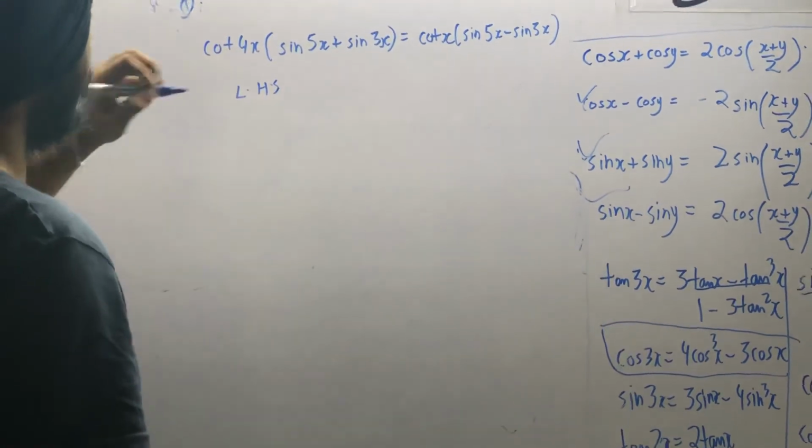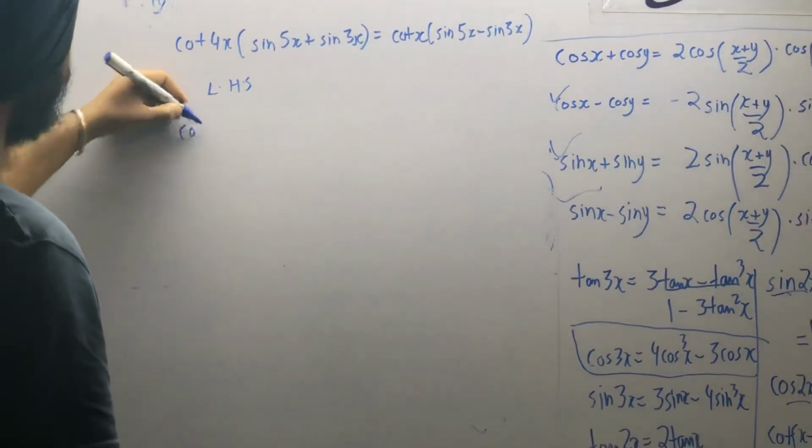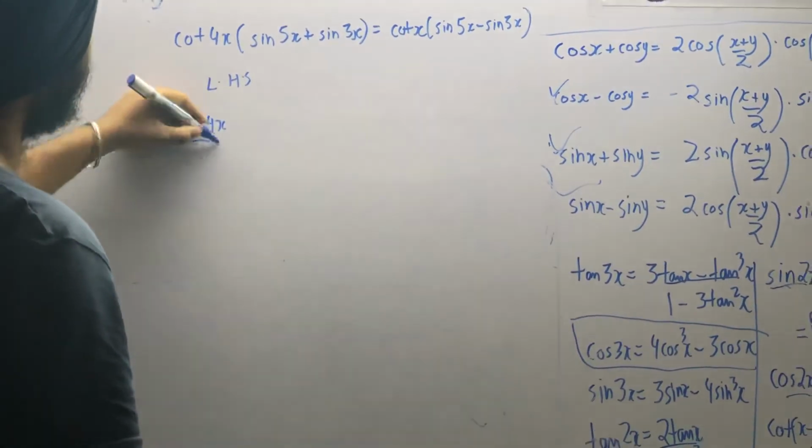So instead of cot, I can write cos x, cos 4x upon sin 4x.